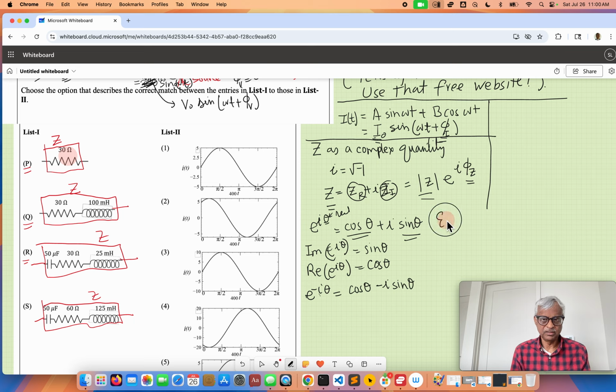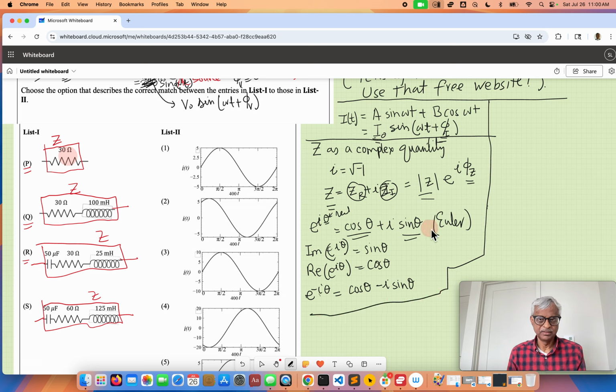This is called the Euler relation, and this really helps a lot in calculation. So any sine or cosine can be written as a complex quantity, and then you can do all the calculations in complex form and come back to the real.